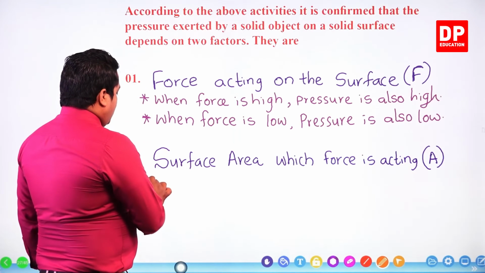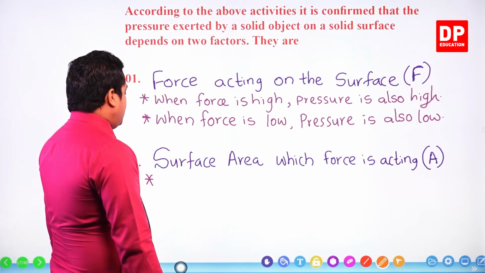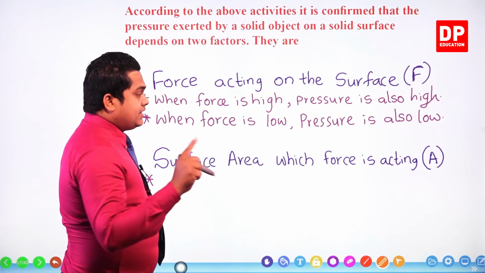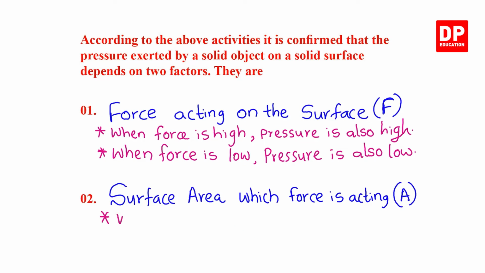Right, now we'll write down the way. You know that surface area and the pressure have an opposite relationship. So we can write when surface area is high, then the other is low.